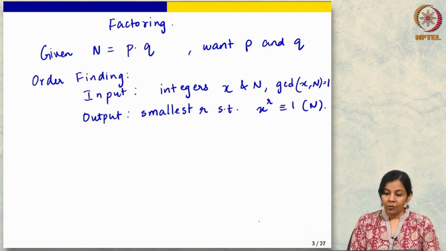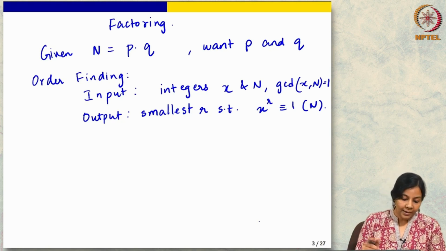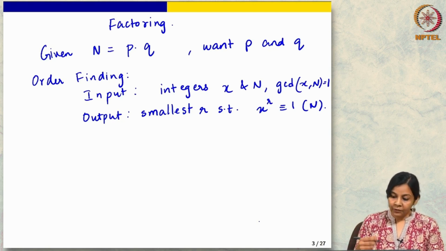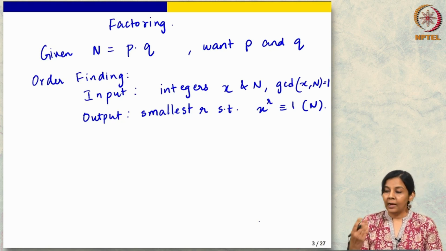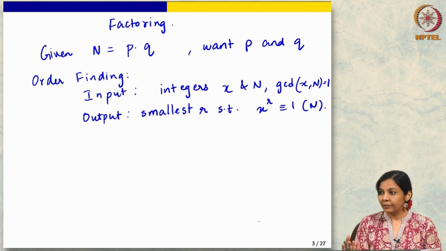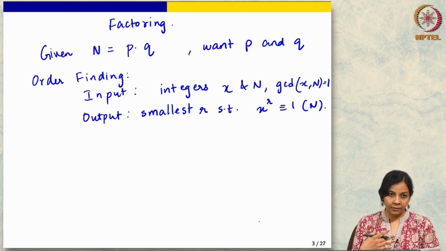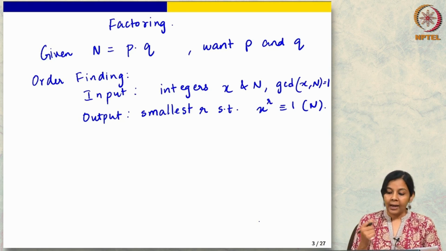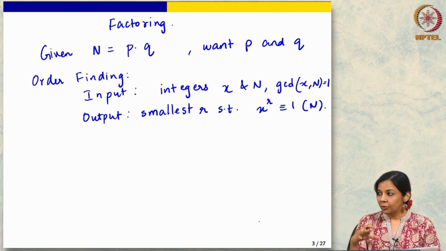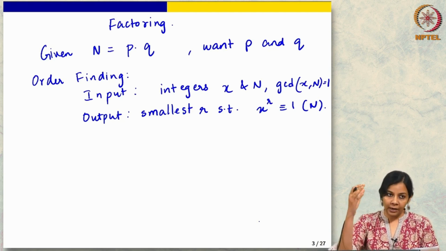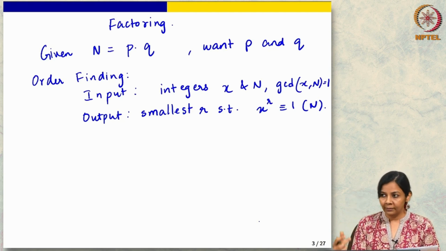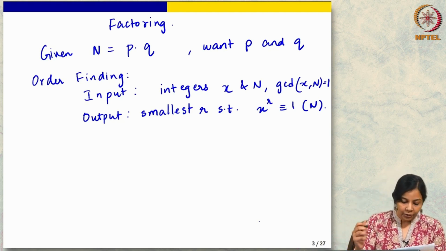So, what we said is that given an algorithm that will solve the order finding problem, we can factor n, and note that this part will be classical. So, if we can find the order, then the reduction from factoring to order finding is classical. Okay, so let's prove this.